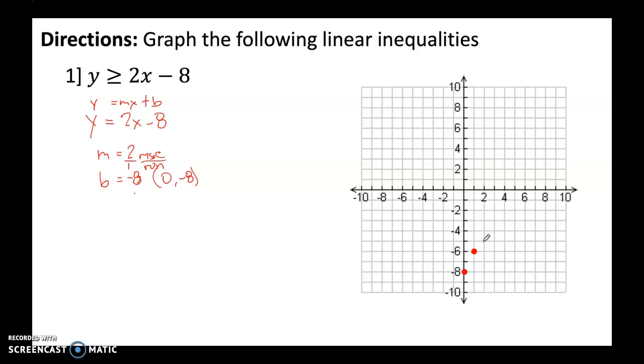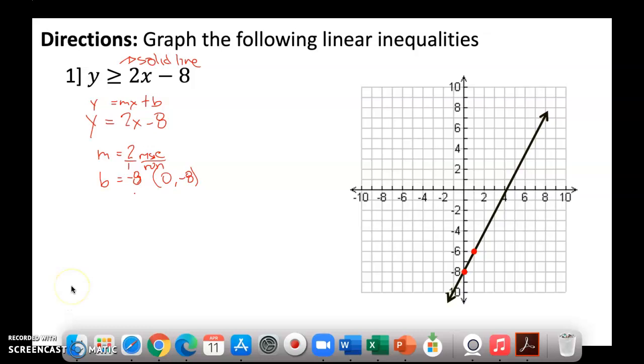Now we will determine what kind of line we will be using. Since the given inequality is greater than or equal, we use a solid line. So connect the 2 points using a solid line. Step 3, choose a test point.